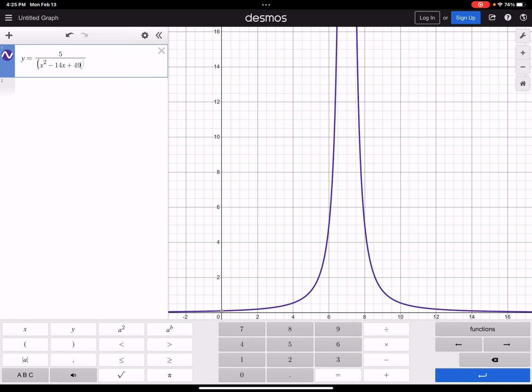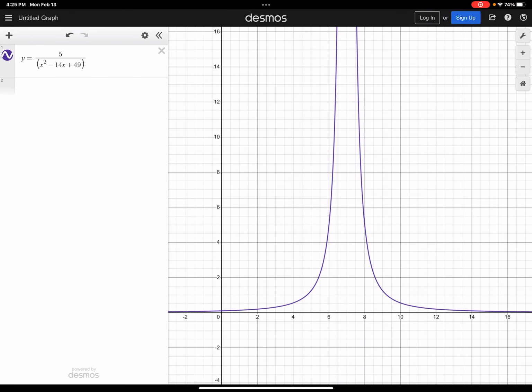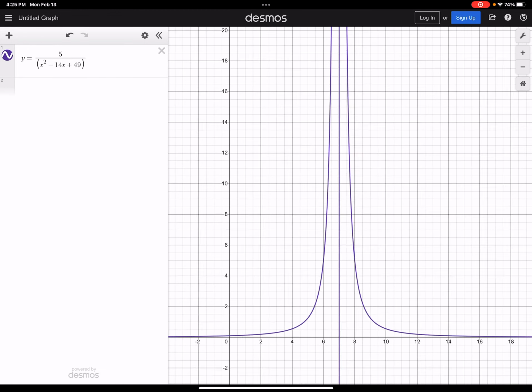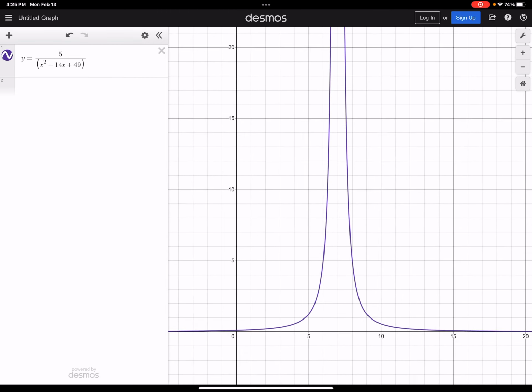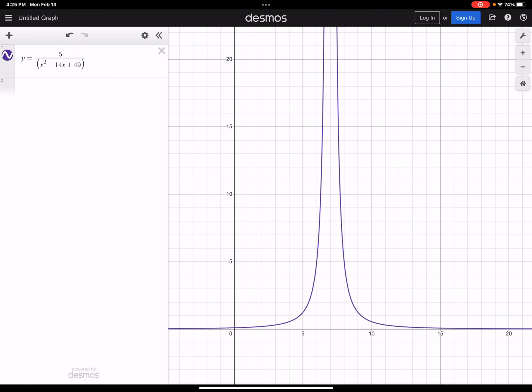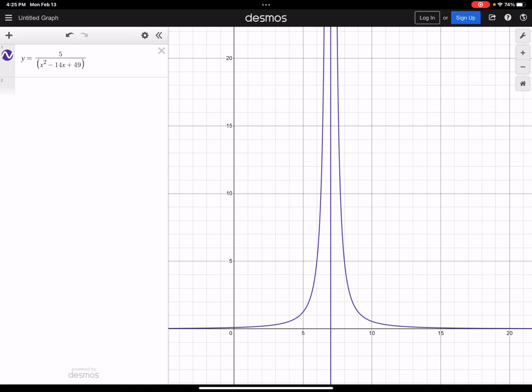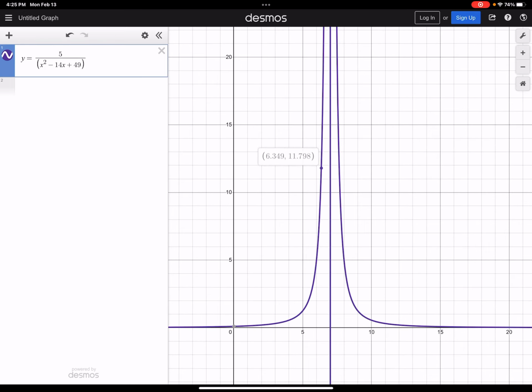I'm going to enter the equation of the function in the exact form it was given. And as you can see in here, as x approaches 7, so here is 7, you see the flashing vertical asymptote there as I try to change the scale of the graph. So as x approaches 7, the values of y are heading towards infinity.